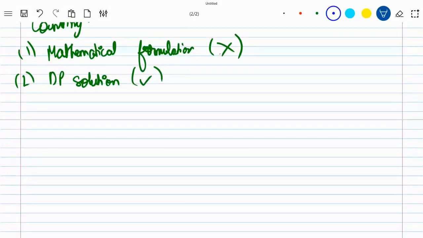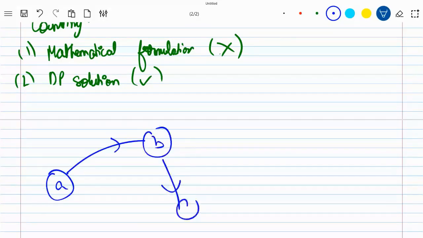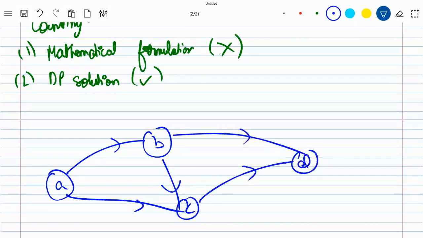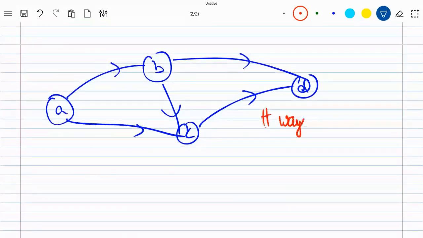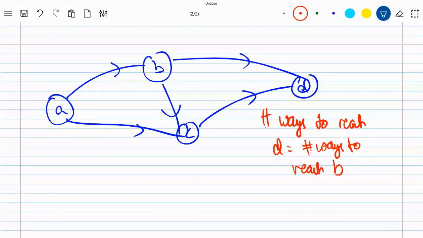Let's say you have A to B, B to C, A to C, C to D, and B to D. So what is the number of ways to reach D? The number of ways to reach D is equal to the number of ways to reach B, because if you have a path from the source to B, then you could just extend that path from B to D, right?